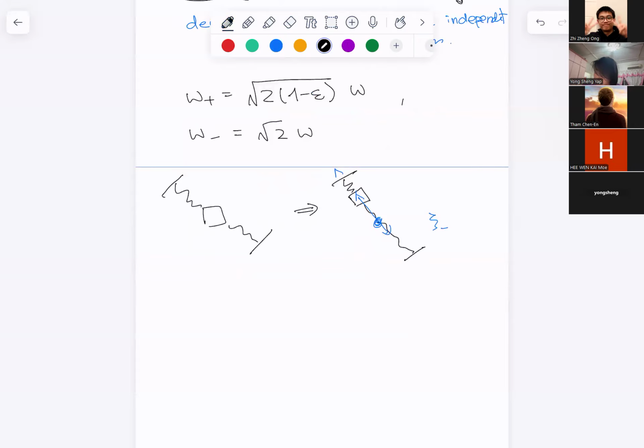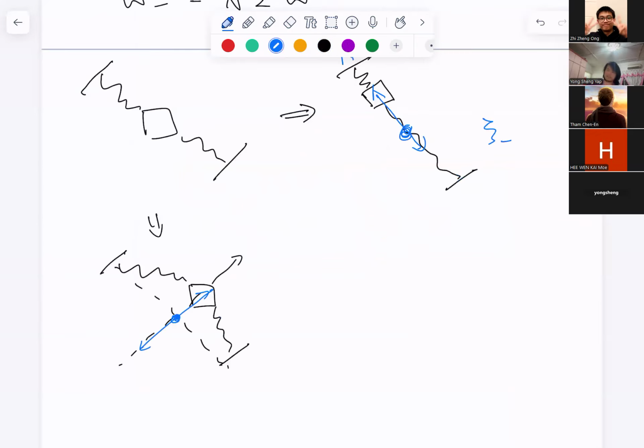And if I displace it purely along this direction, then the block would just oscillate around this equilibrium position in this direction. Okay, and this is along this C plus direction.